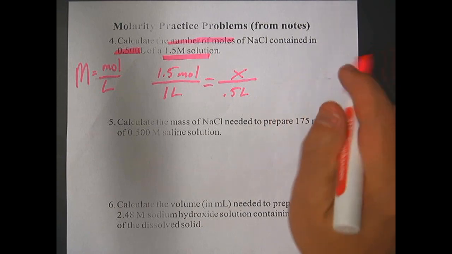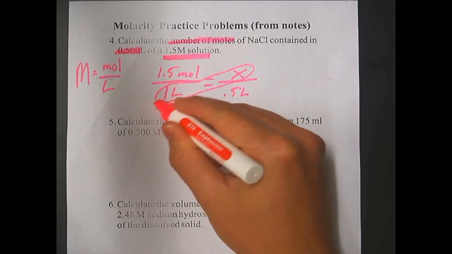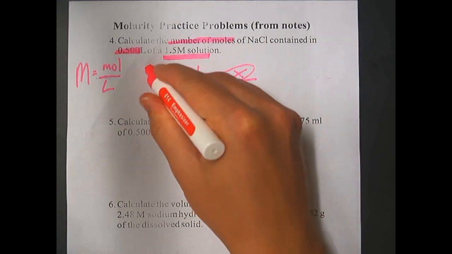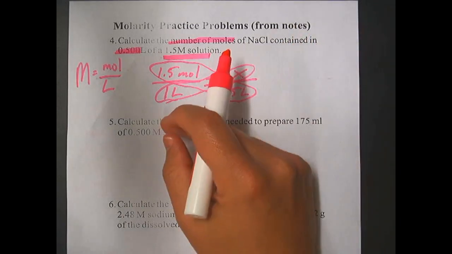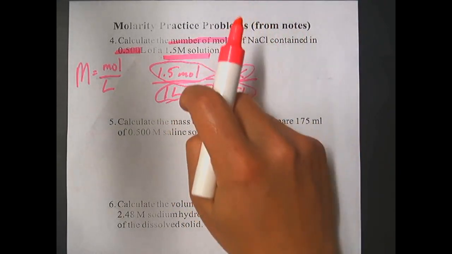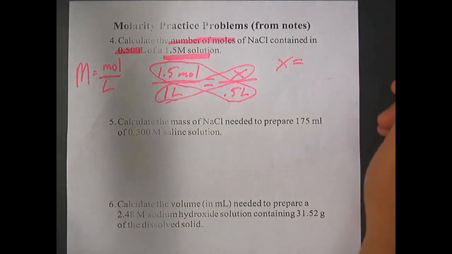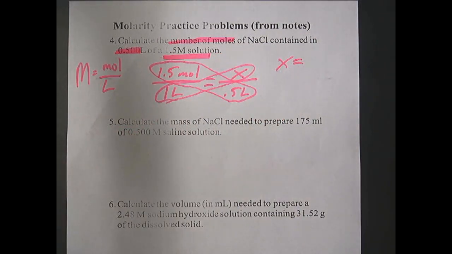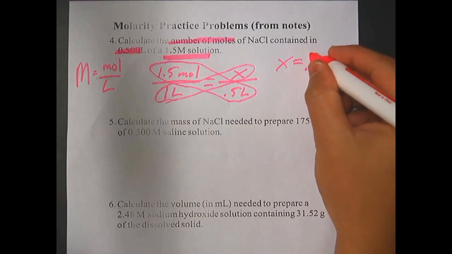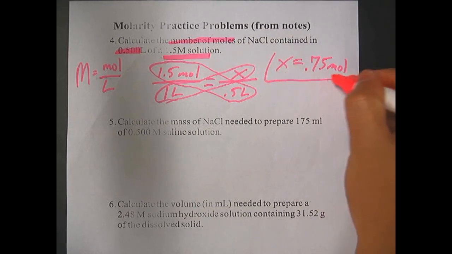Cross, multiply, and divide. So I'm going to cross multiply here, cross multiply here. I'm going to write it over here because I've kind of run out of room, but I normally would write down x times 1. Well, that's pretty simple. That gives us x. 1.5 times 0.5 is 0.75 moles. And that's our final answer.